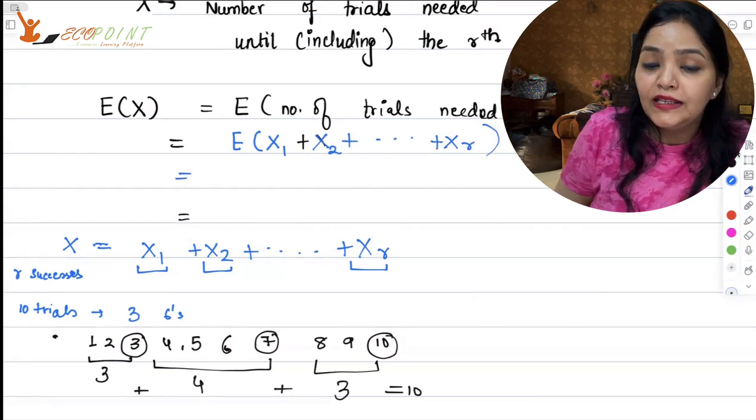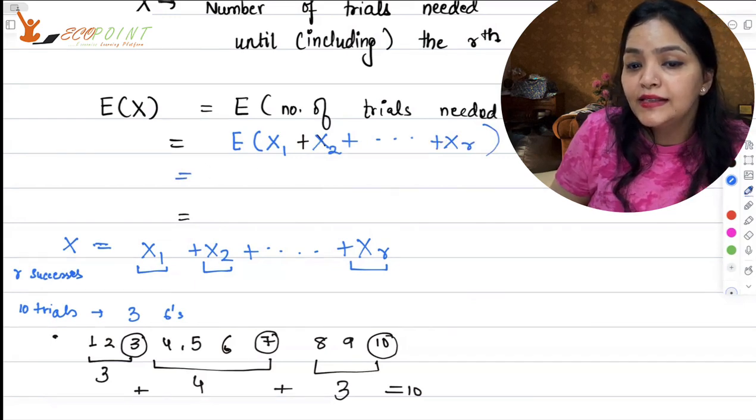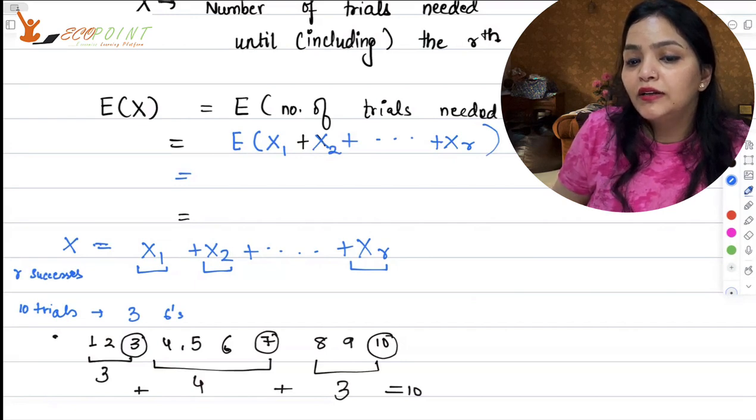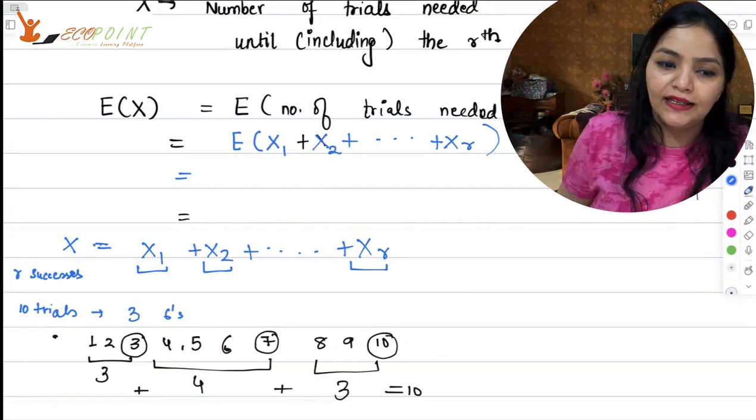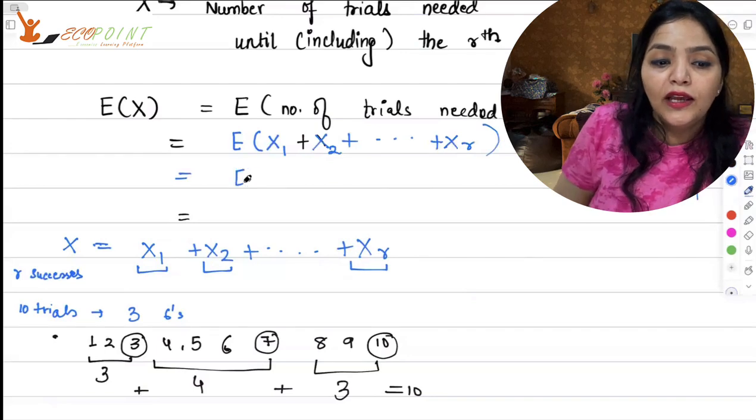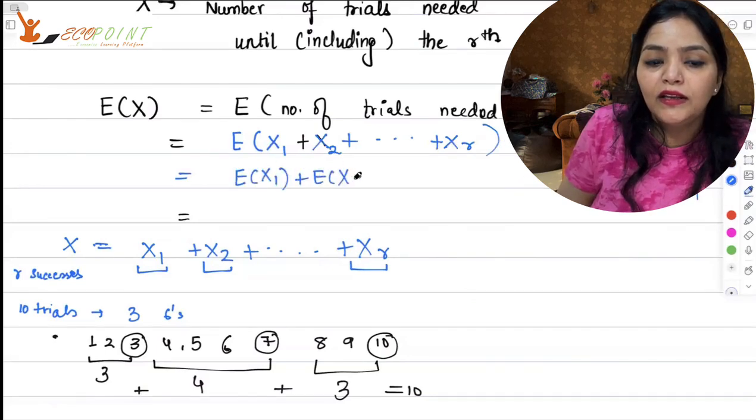And these are all independent. The Xi's are independent geometric random variables with the same parameter, say p. That will remain the same, since it's the same experiment. So therefore, I can use the linearity of expectation and break it up.